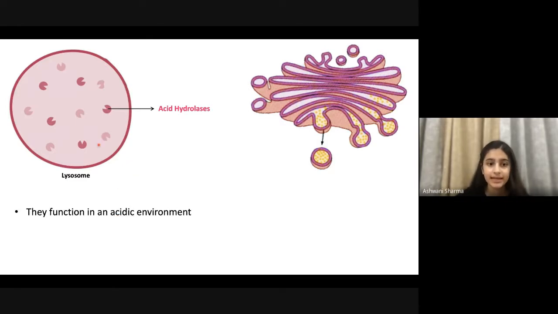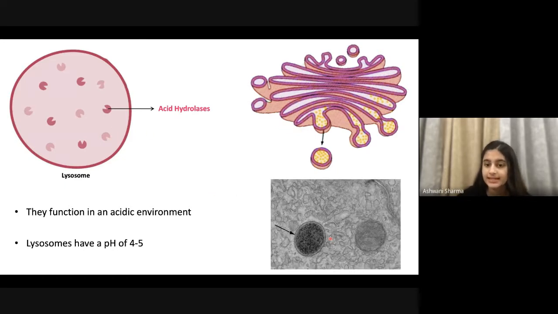So inside of the lysosome, it's very acidic. It has a pH of around 4 to 5, and so that's why these acid hydrolases can function properly inside the lysosome. Also, proteins which are packaged and processed in the Golgi apparatus are sometimes also destined for these lysosomes. Over here, we can see the image of a lysosome in a microscope.